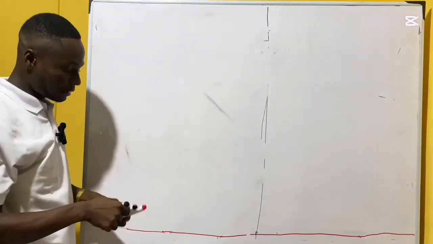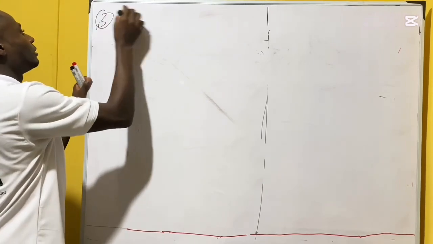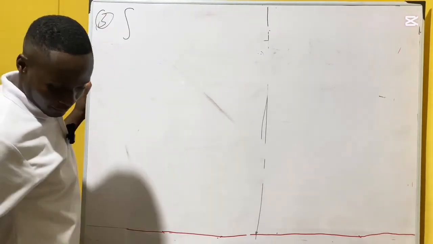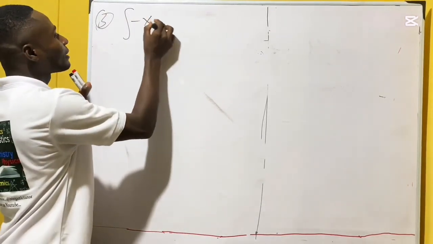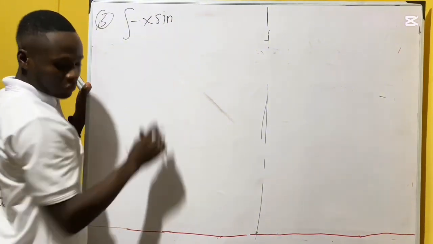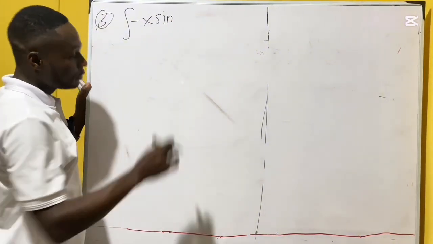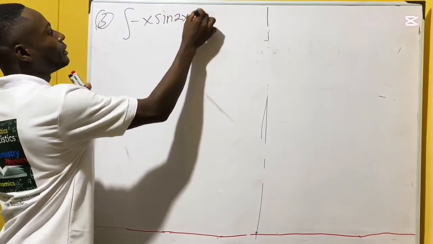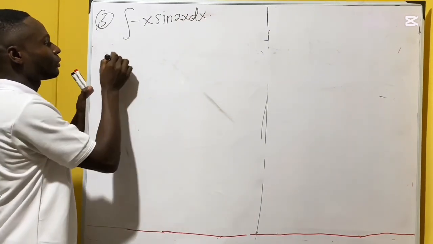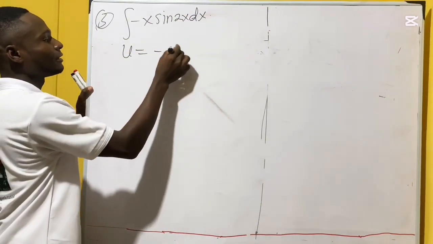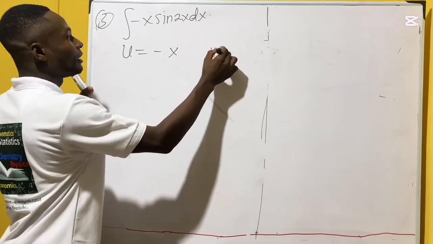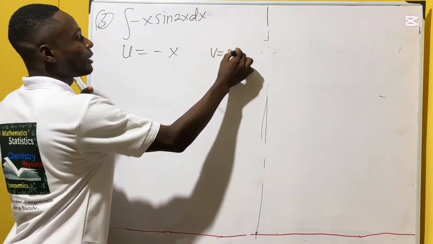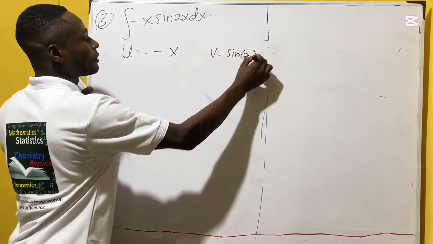Right. So our third problem is going to be the integral of negative x sine 2x dx, right? So our u here is negative x and our v is sine 2x, right?